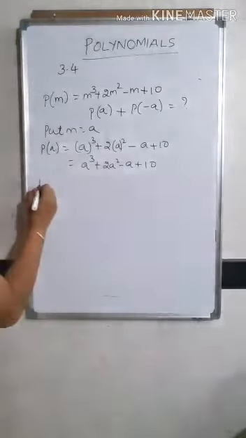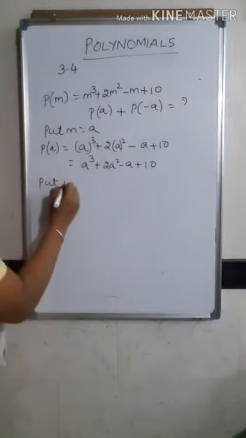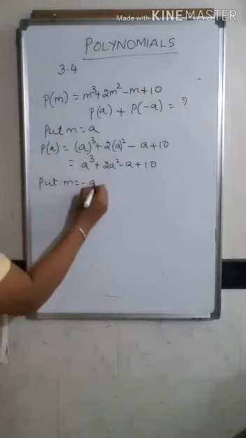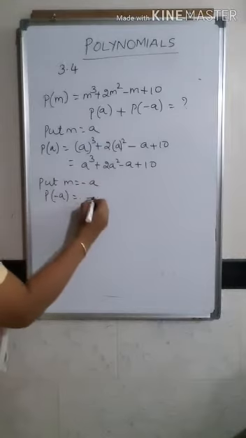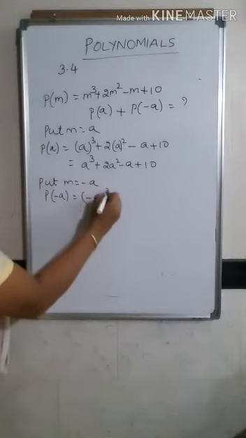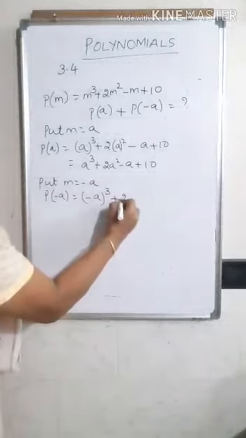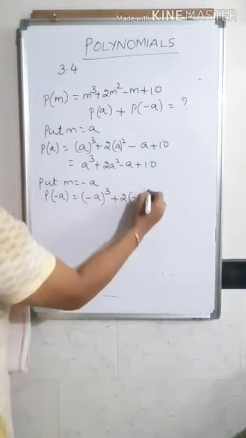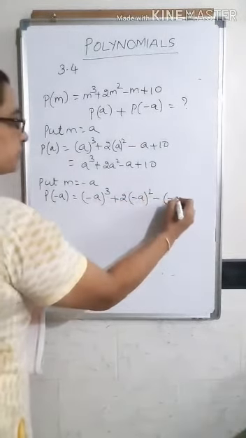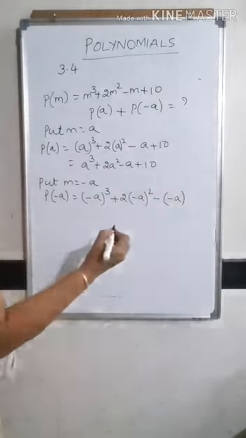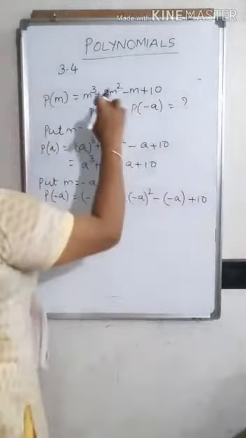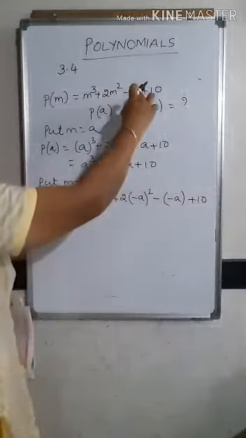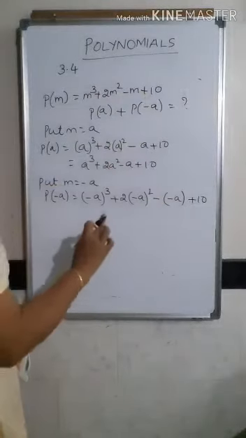Now we will substitute m is equal to minus a. So you get p of minus a is equal to minus a whole cube plus 2 into minus a whole square minus of minus a plus 10. That is, in this expression, wherever you have m, you have replaced it by minus a.